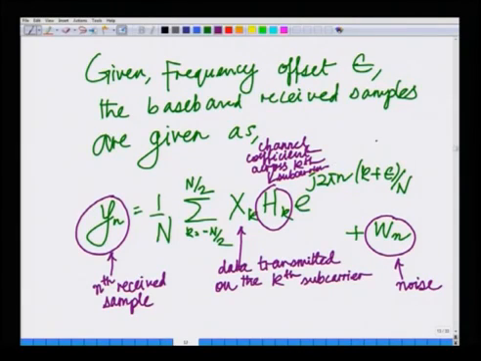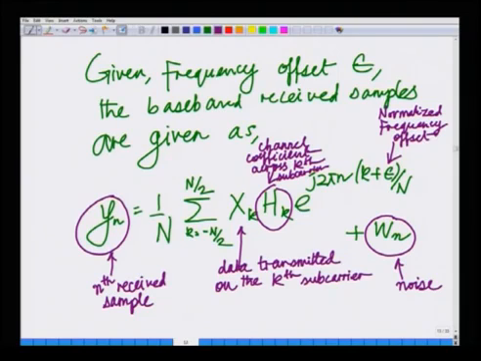And epsilon is the frequency offset; in fact, epsilon is the normalized frequency offset. This gives the nth received sample as a function of the normalized frequency offset.